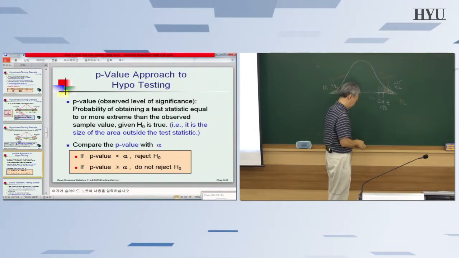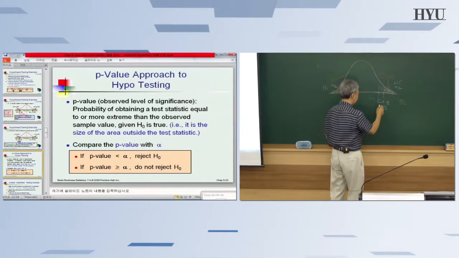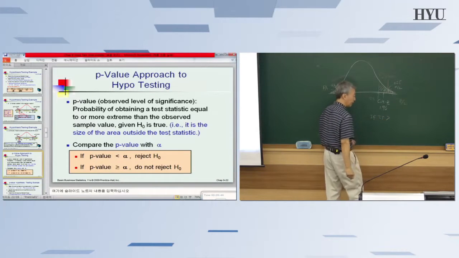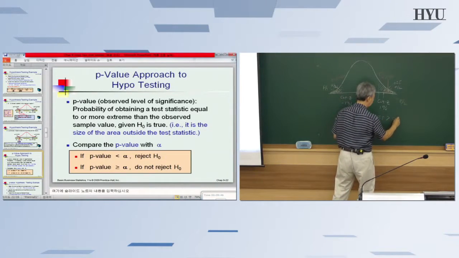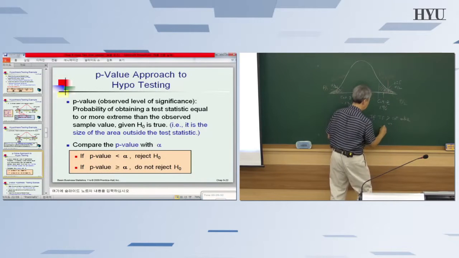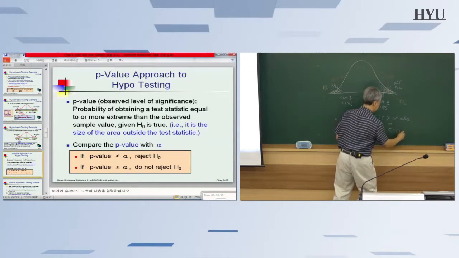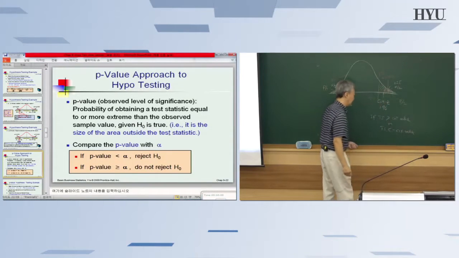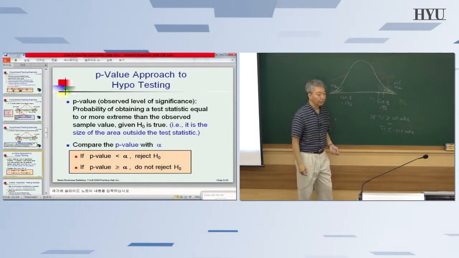So in a two-tailed test, if the test statistic was greater than the critical value, or the test statistic was less than the negative critical value, then what is your conclusion?